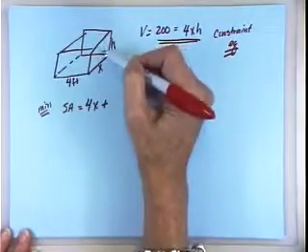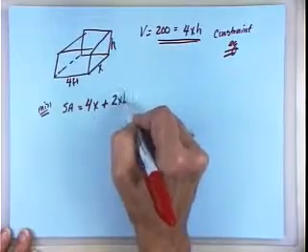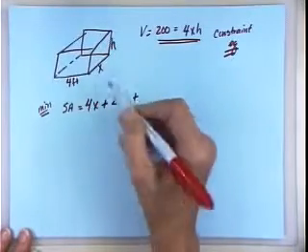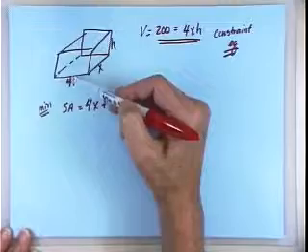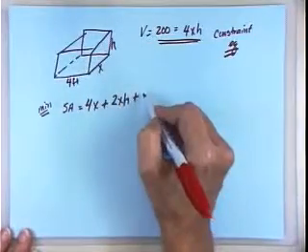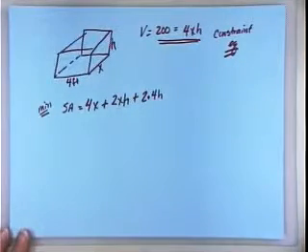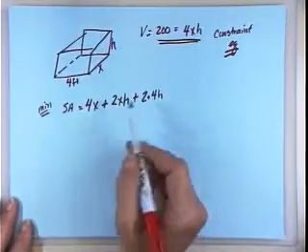What's the surface area of the two sides? 2xh. And what's the surface area of the front face and back face? We got 2 of the 4h's. Is that correct, everybody?